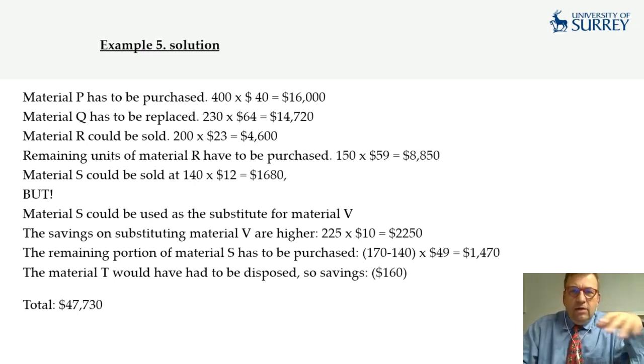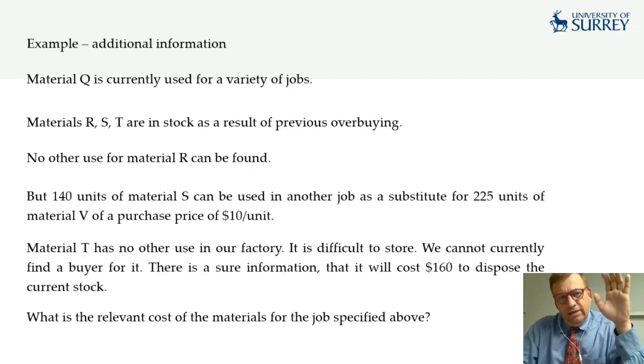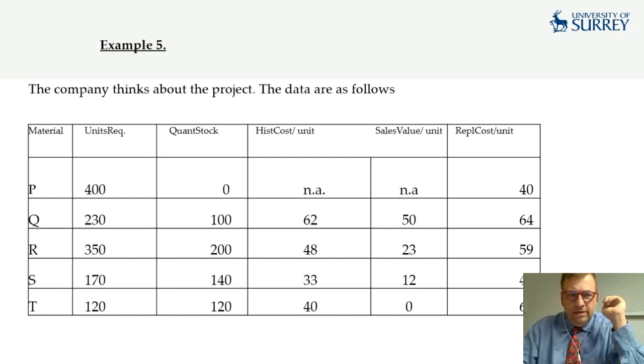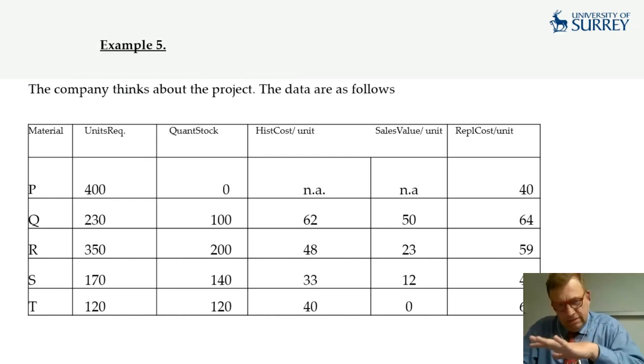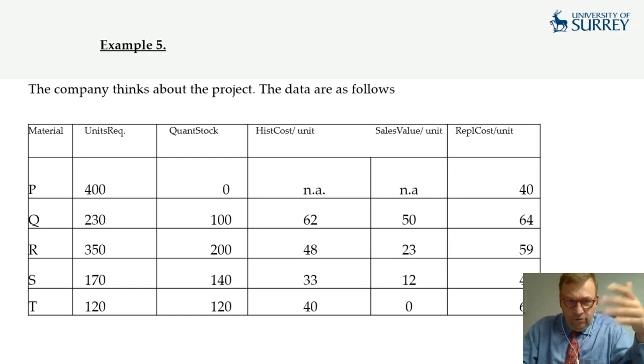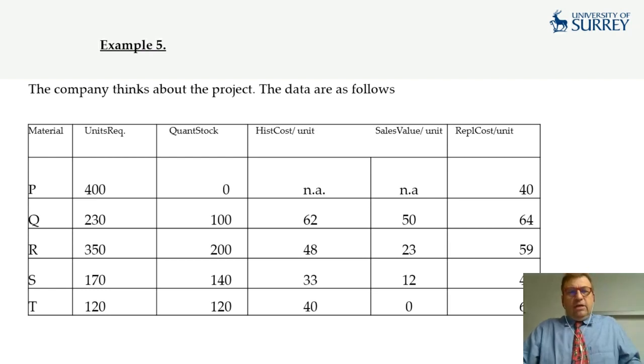Therefore, I would like you to study again what is on the table at the beginning. We have these data. Of course, you use the knowledge from the previous tables, but this is more complicated. So here, please study what is required for the project, for the production, how many units we have, and then these prices.